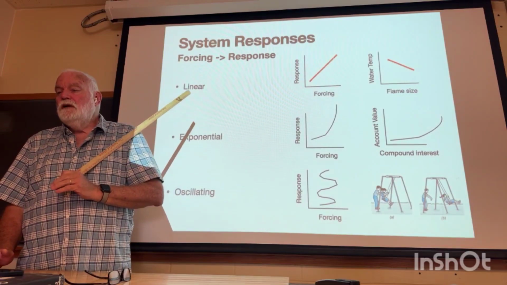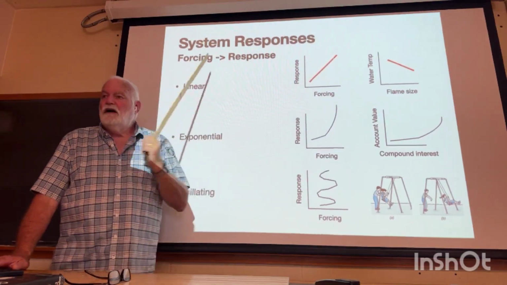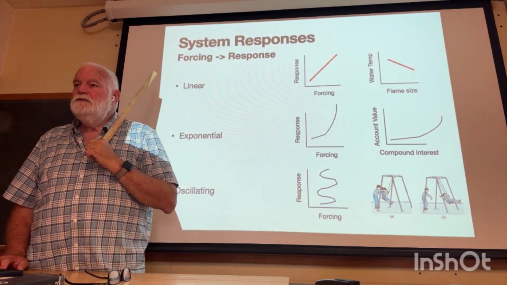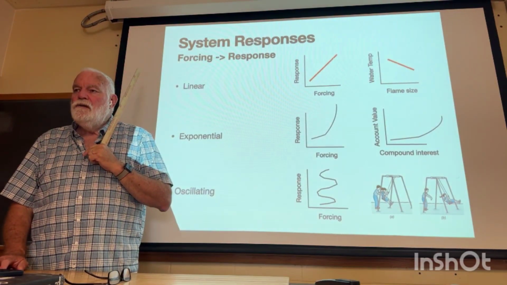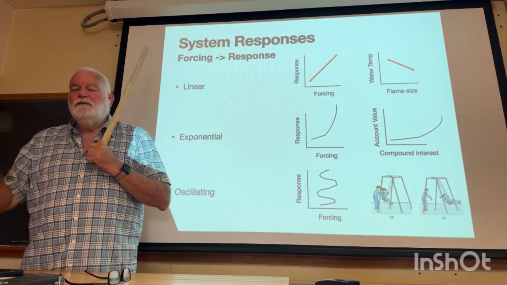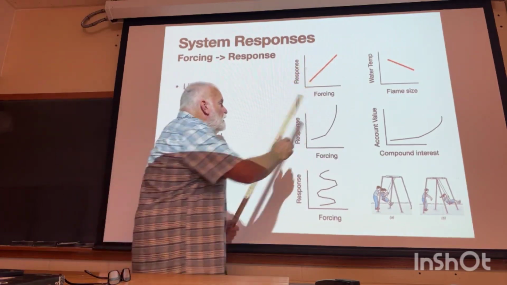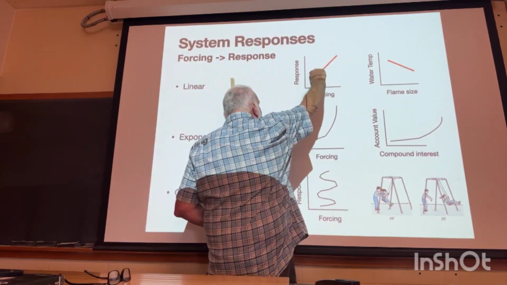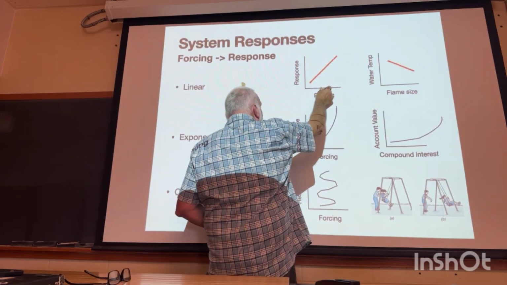If I turn up the heat, what's going to happen to the temperature of the water? It's going to increase. And in this case, how is it going to increase? It's going to react to the temperature increasing over time. But this system shows me that as I go from here to here, I get this much temperature increase, right? If I go from here to here, do I get the same number?